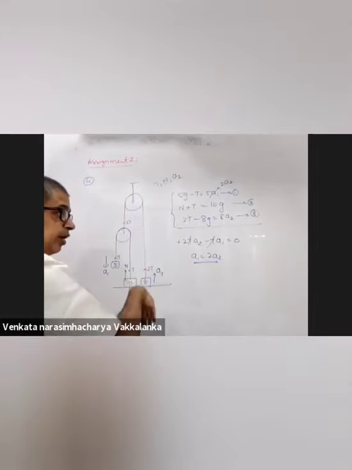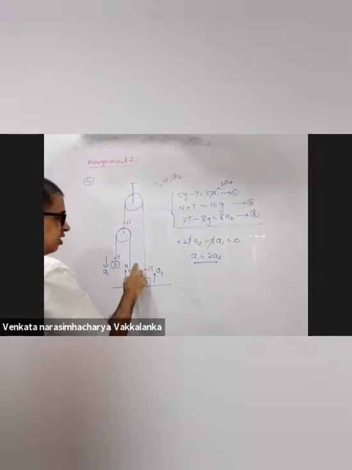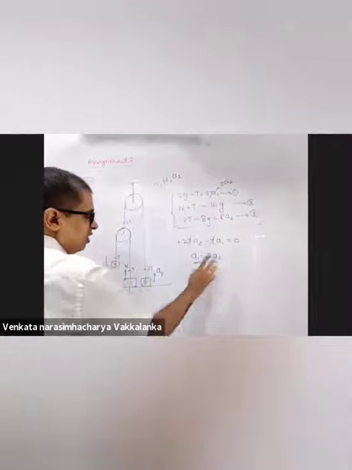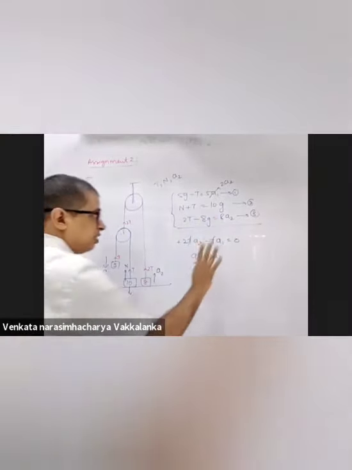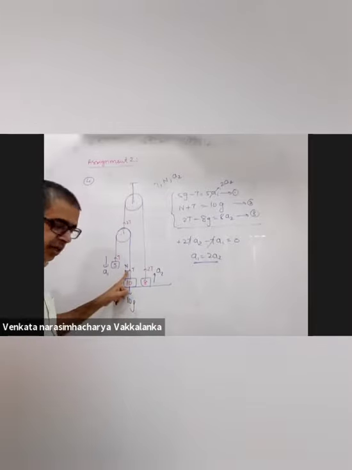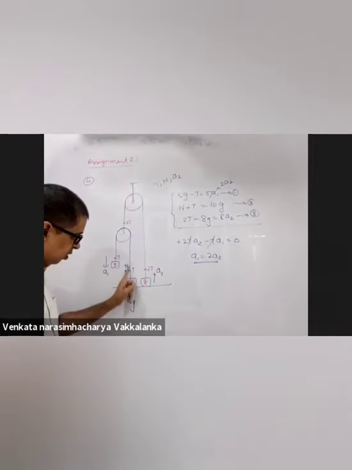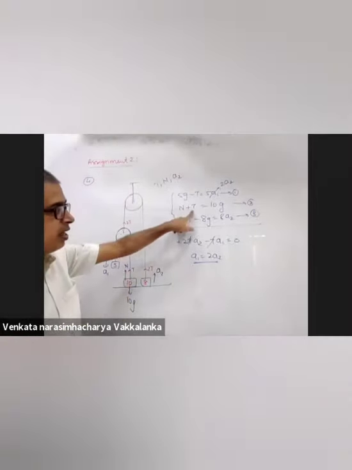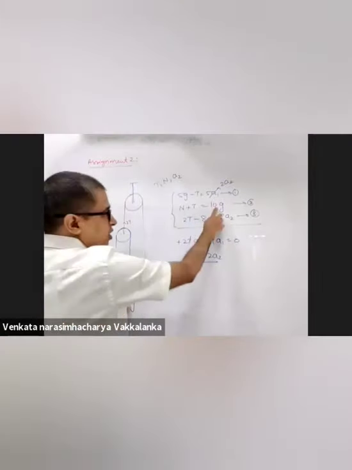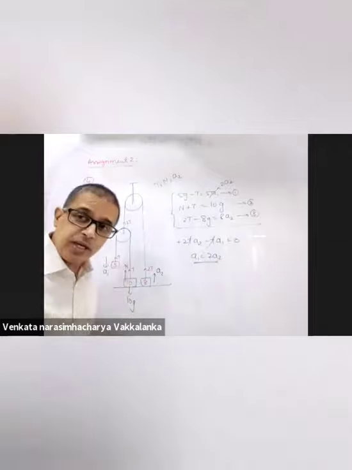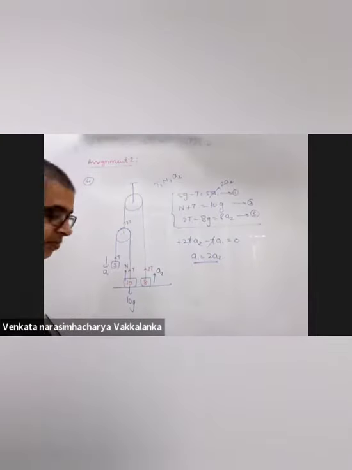Then I will have to redo the problem taking this acceleration as A3. Here I did it only with A1, A2, keeping this at rest. Even this equation will change. If N turns out to be negative, that means the body is going up. Then what will my equation here be? N plus T minus 10G is 10 into A3. Yes, sir. Okay, sir. Done, sir.